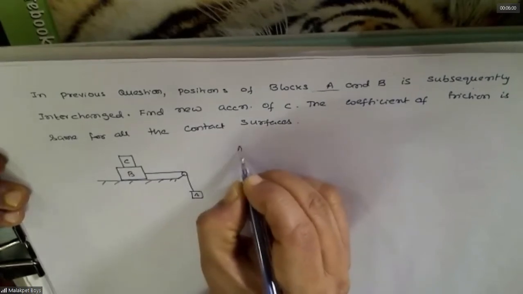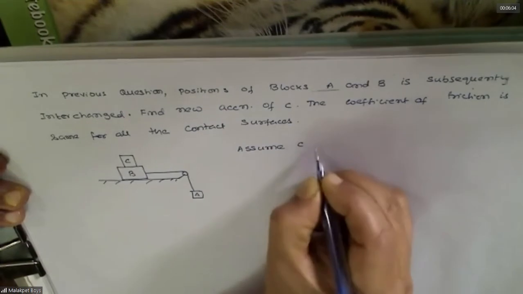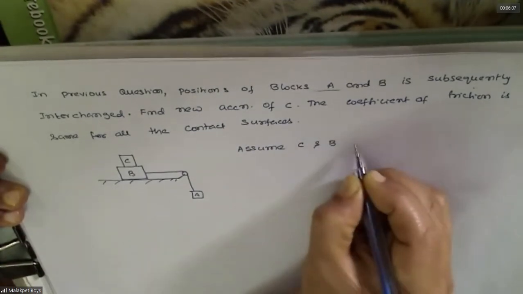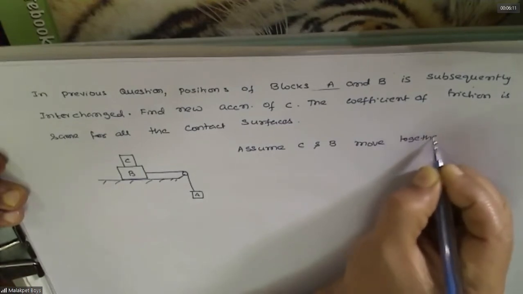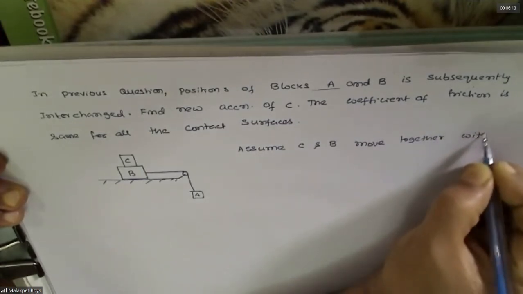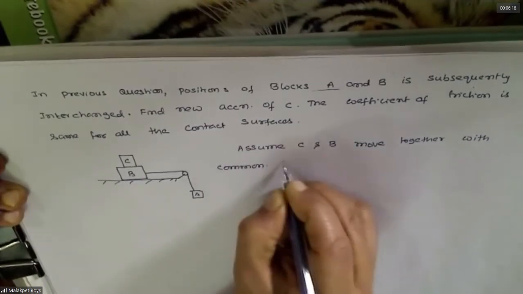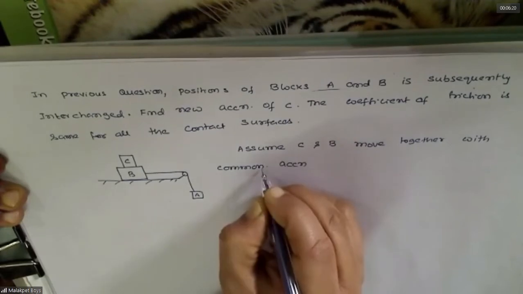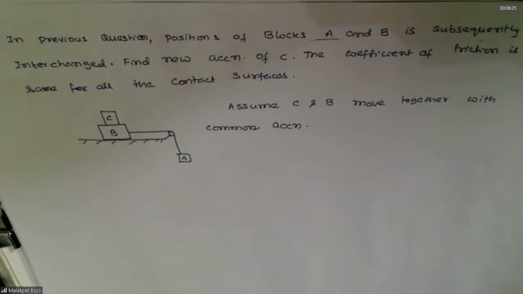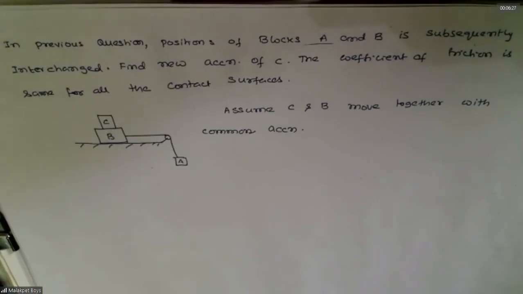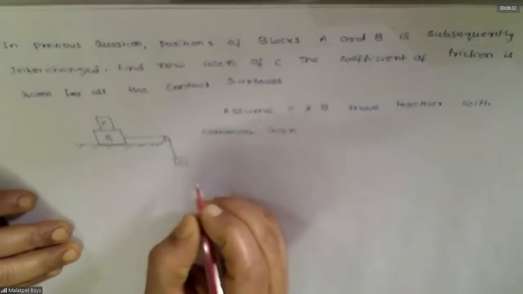Assume that B and C move together with a common acceleration. After that, we'll find that common acceleration. So suppose this is going down.